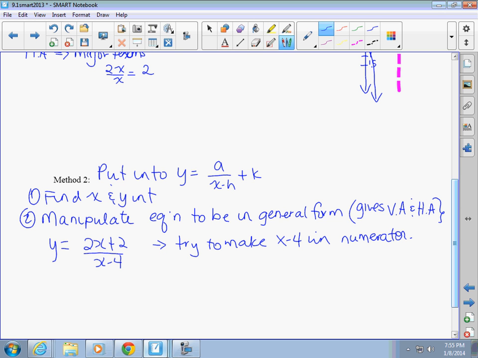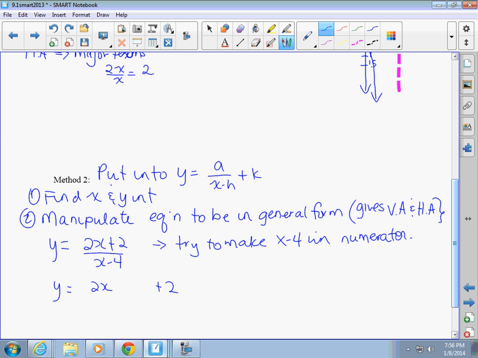Okay, so that means that I have to manipulate that equation somehow so that x minus 4 is in the numerator. So if I take a look at my 2x here, I'll put my plus 2 over here.